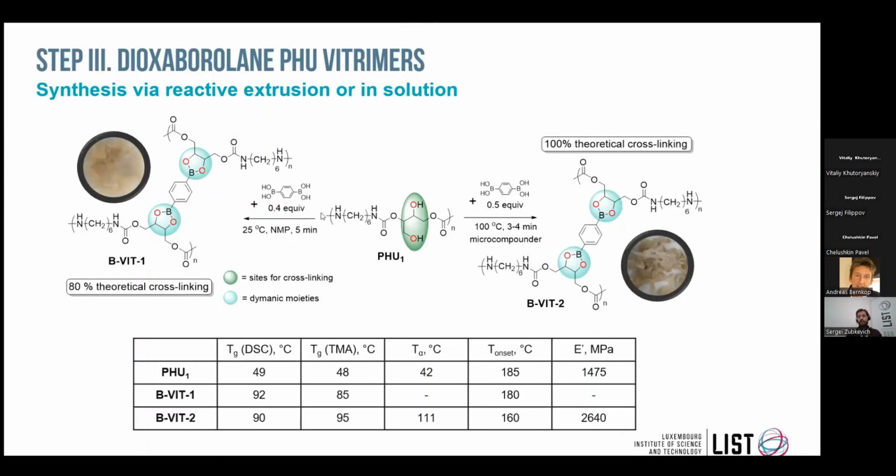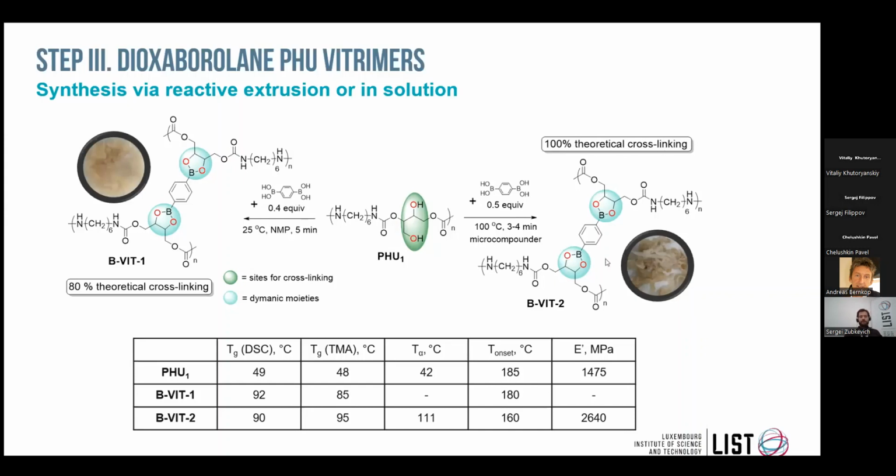So we were synthesizing two types of networks using two slightly different procedures. On the left, you can see solution synthesis. We dissolved the polymer in NMP and then added the cross-linker, paraphenyl-diboronic acid, and the system immediately cross-links within 5 minutes, and then we wash it with THF to remove the remaining solvents and dry it to have our network.